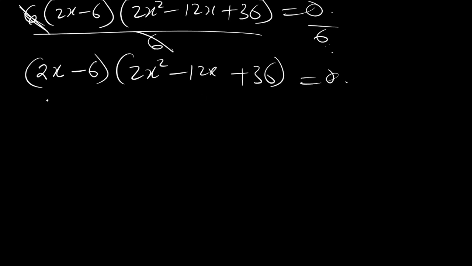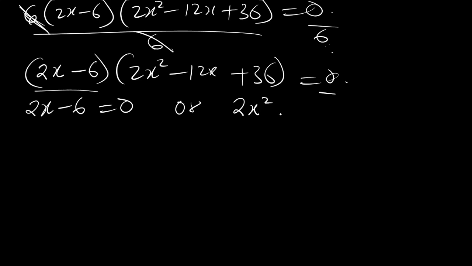So now, from this expression, we have two equations: 2x minus 6 is equal to 0, or 2x squared minus 12x plus 36 is equal to 0.